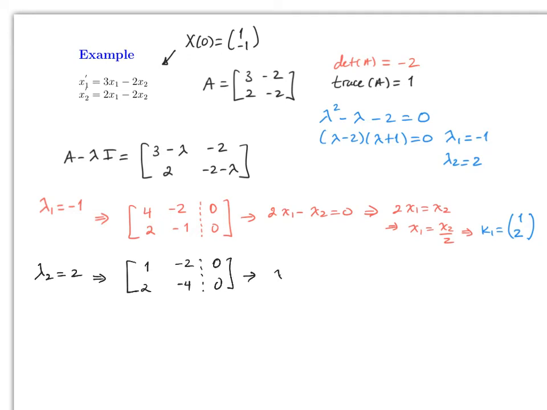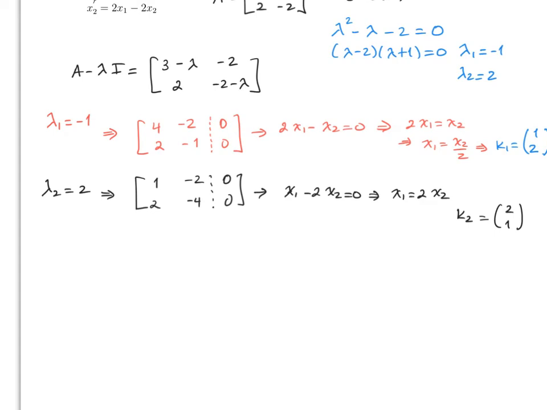From here, we get now that x1 minus 2x2 is equal to 0, or x1 is equal to 2x2. So therefore, the second eigenvector will be 2, 1. If x2 is 1, then x1 is 2 times 1, which is 2.